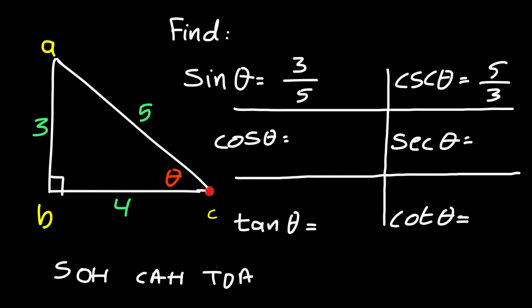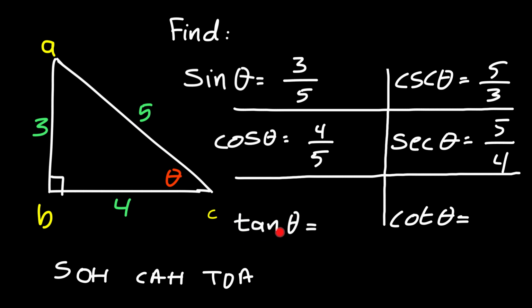So I will write 4 divided by the hypotenuse, which is 5. Secant, as we said, is the reciprocal of cosine theta, so we simply flip the numbers. It will be 5 divided by 4.